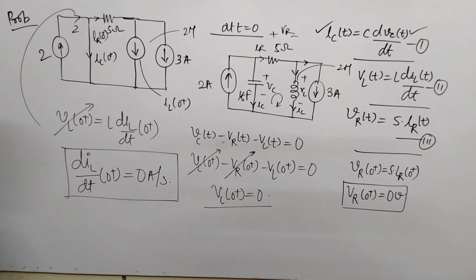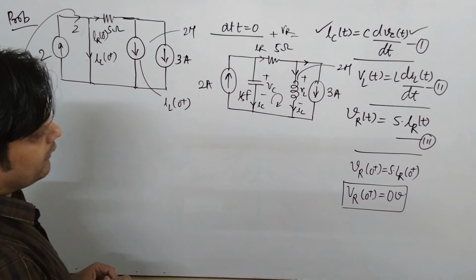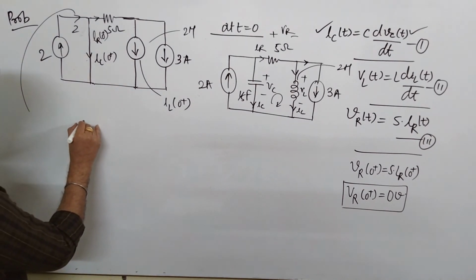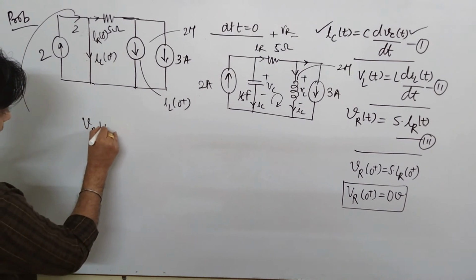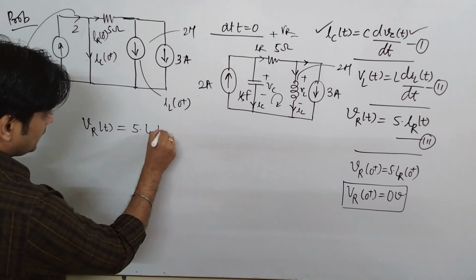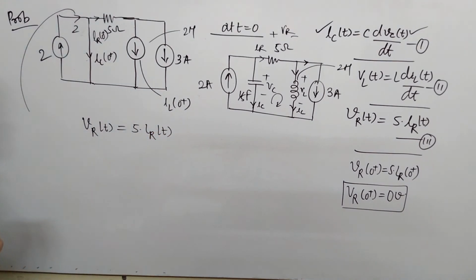Now the last is to find the value of dVR by dt at 0 positive. How do you find this value? From here we will take this equation as VR(t) is equal to 5 into IR(t).